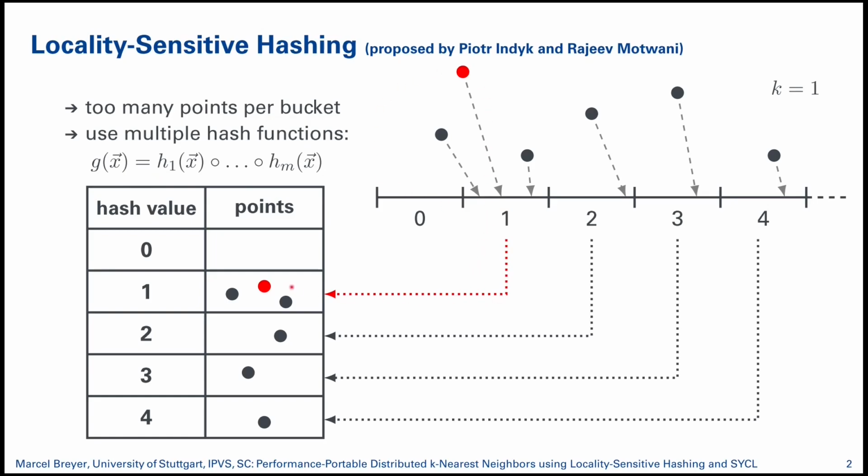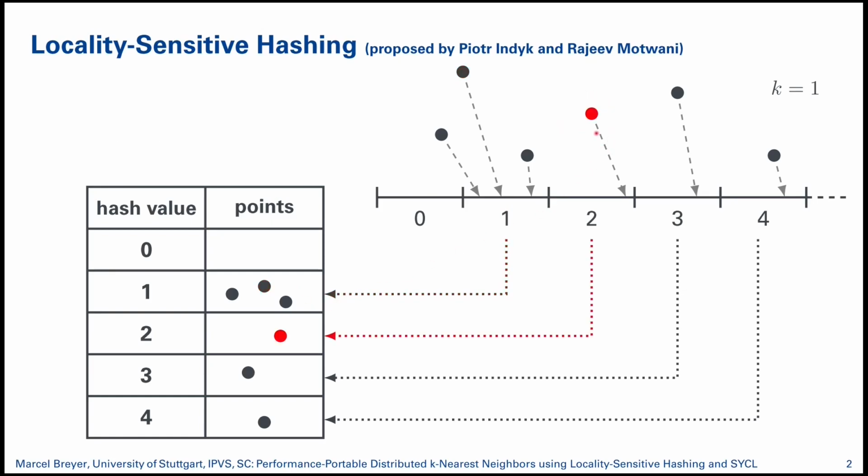Another problem can arise if we look, for example, at this data point and want to calculate the nearest neighbor of this data point. At first, we calculate the mapping, which is 2. We look into hash bucket 2. Now we see no other data point resides in hash bucket 2, so we cannot calculate the nearest neighbor of this data point. To prevent this, we not only use a single hash table, but multiple hash tables.